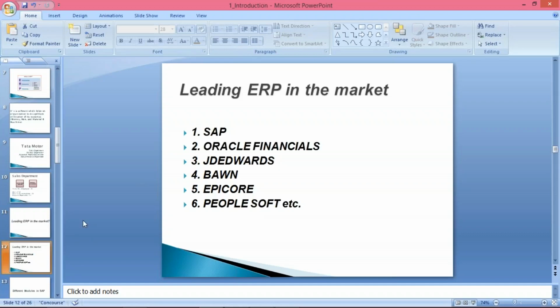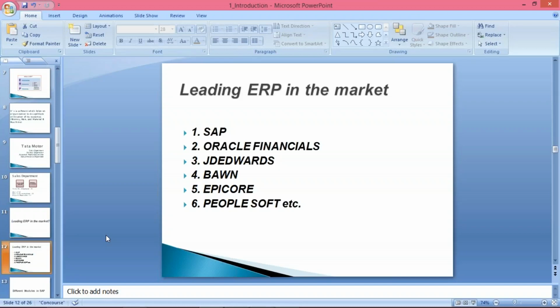Now, if you talk about SAP, what we are going to do is learn SAP itself. But that doesn't mean you are going to learn the entire SAP. SAP is just like an ocean. SAP is not a small thing.